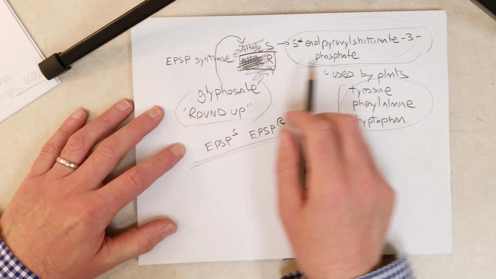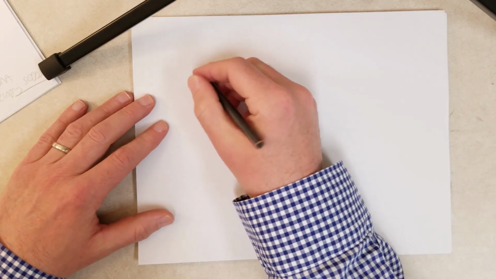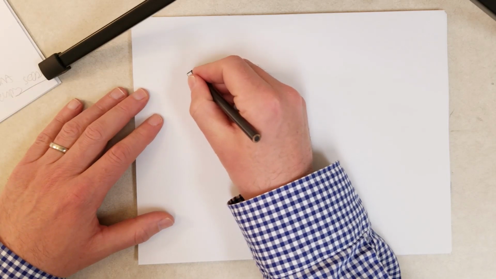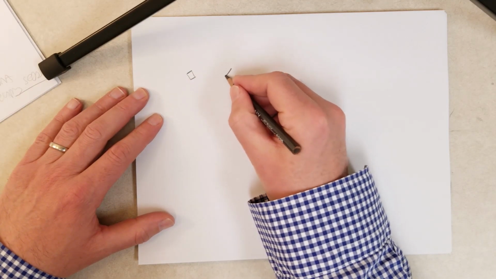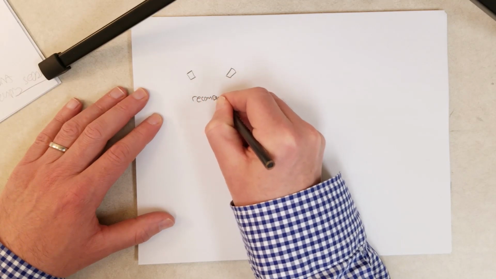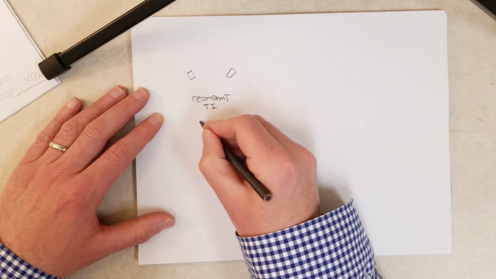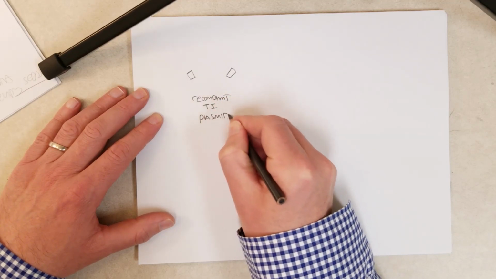So, how can we make a glyphosate resistant plant? Well, we kind of already went over that. You can probably guess if you were paying attention. We're going to take our recombinant TI plasmid. Recombinant means DNA from two different sources. And why is this recombinant?